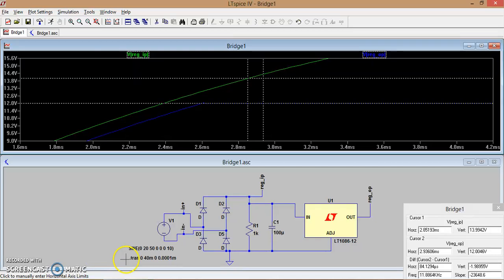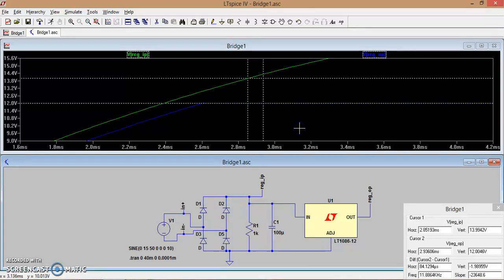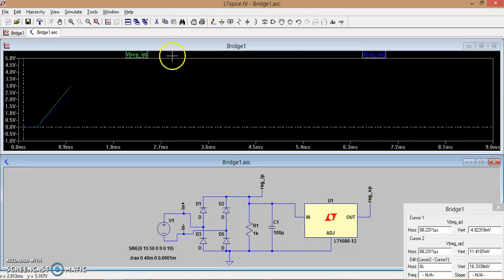Suppose the input voltage is less than 13 volts, let us see what happens to the output voltage. Let us intentionally reduce the input voltage from 22. Let us make it around 15 volts. Let us see what happens if I run this program. I'm just running the program. Let us see what happens.